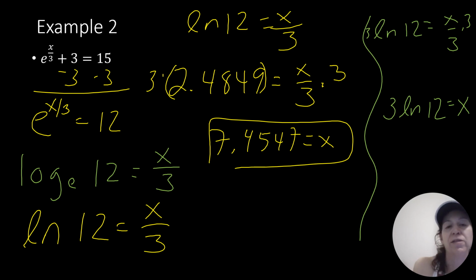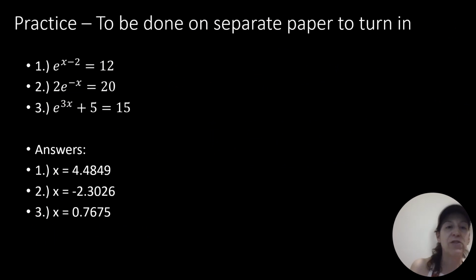So you would just skip the natural log of 12, changing it to a decimal, and you'd go right to, oh, okay, I multiply both sides by 3, and that is your exact answer, just meaning there's no rounding involved in that answer. Okay, and you might see multiple choice questions on your EOC or on the SAT where the answer choices are given in exact form. So it's good to know what that is and be able to navigate your way back through it. Okay, that's pretty much the lesson.